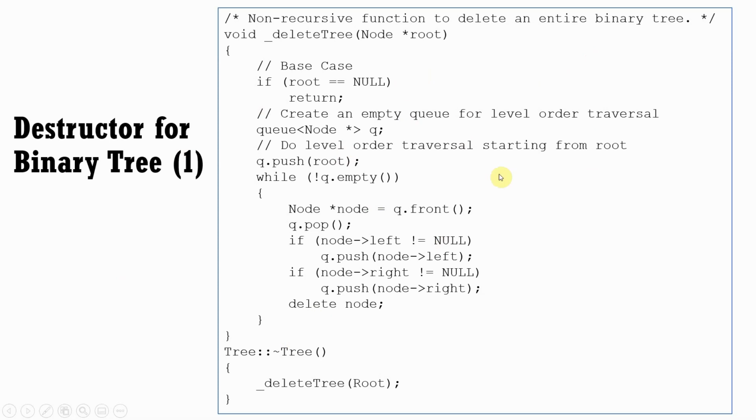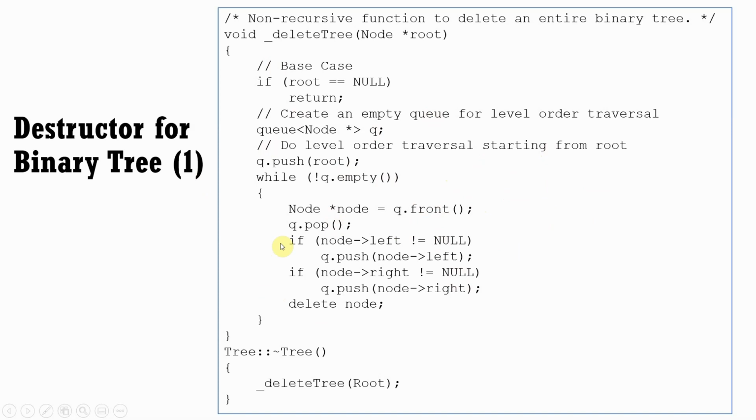And then we deallocate all the nodes of the tree one by one, starting from the root and going all the way to the leaves, deallocating everything that needs to be deallocated, because all our nodes are dynamic. In a binary tree, if it's implemented using linked representation, then it's dynamic, so we need to deallocate them.